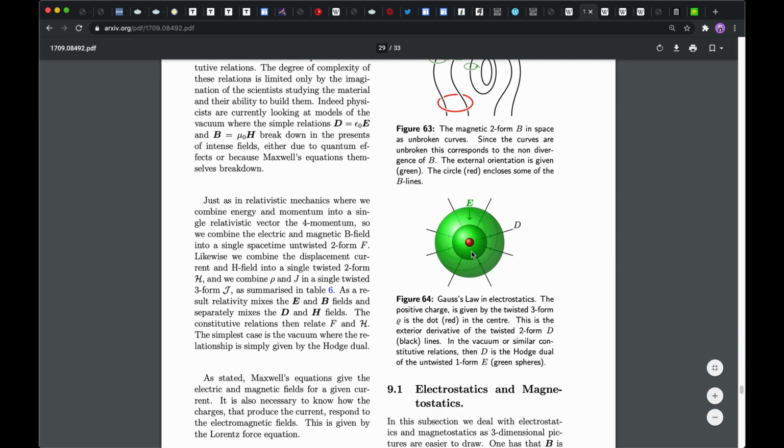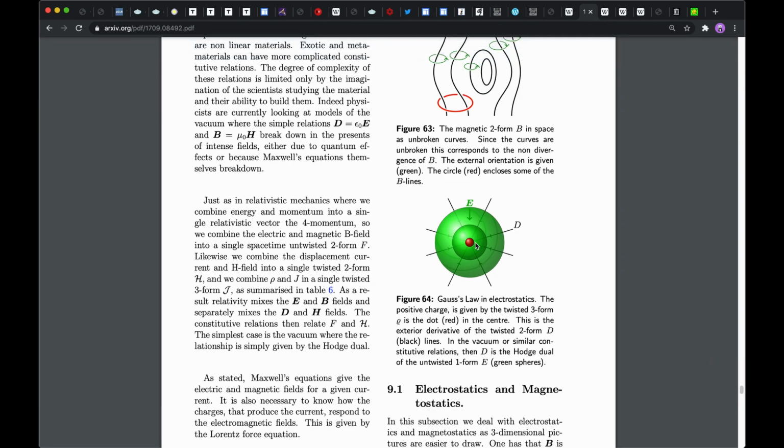And the divergence of D here, which equals rho, will be depicted like that. We have a 3-form, which is just a number of points in 3D space, and at the point which is not 0 we will have 2-forms, which are just the lines, and those lines flow into that point, and their intersection will have some kind of boundary there.